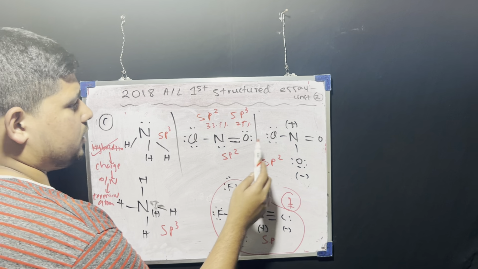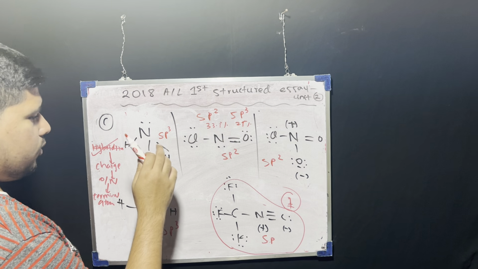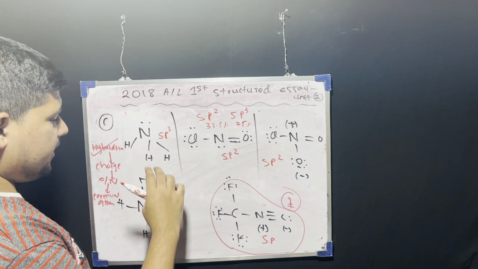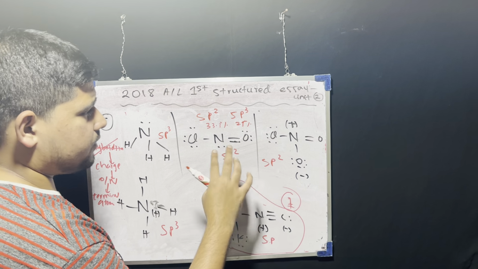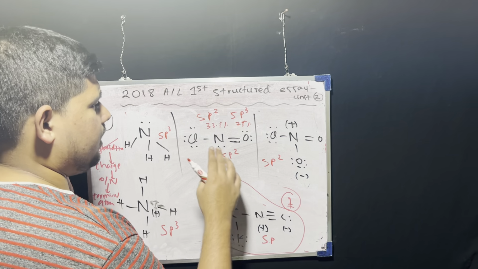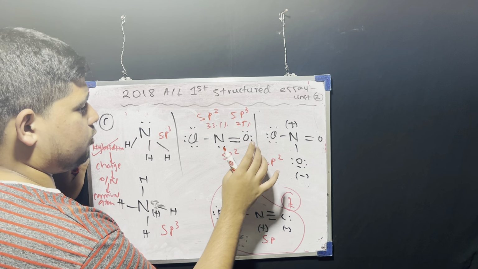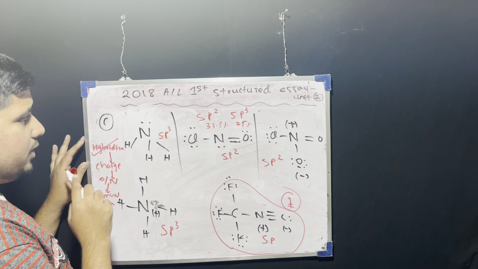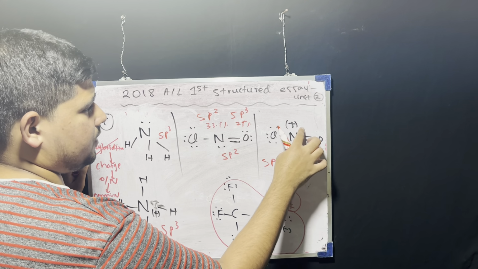So the second one should be either this or this, and the third one should be either this or this. How are you going to choose? From these two, the hybridization is the same, so now we will see the charge. What is the charge here? Plus charge.